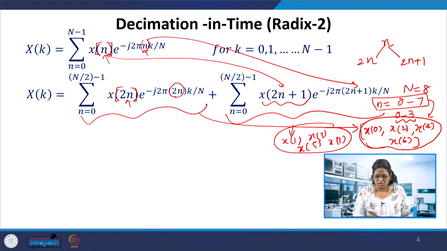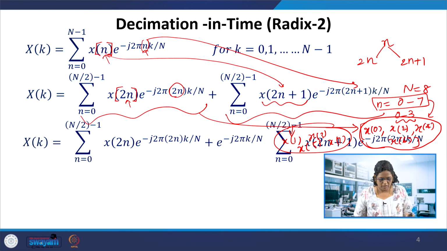So this is the DFT of the even samples plus the DFT of the odd samples. The simplification goes this way: we have e power minus j 2 pi 2nk by N, which is retained over here, and only e power minus j 2 pi k by N, excluding this portion, remains from the first equation.